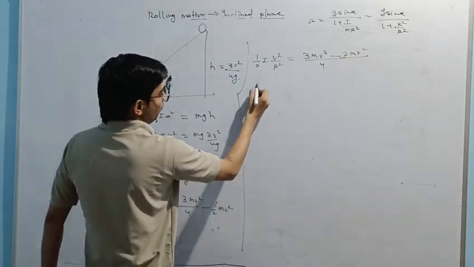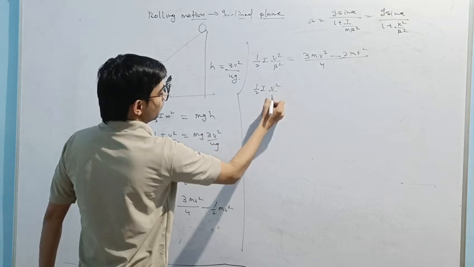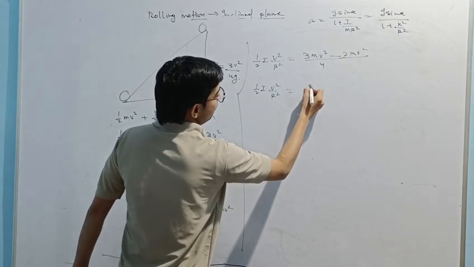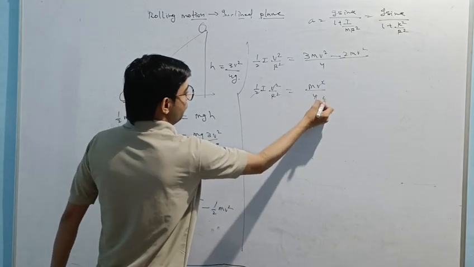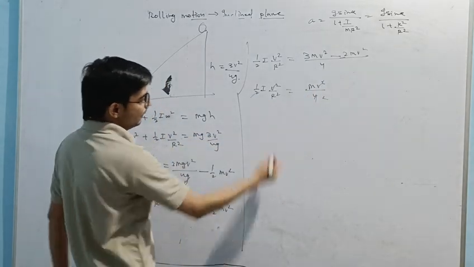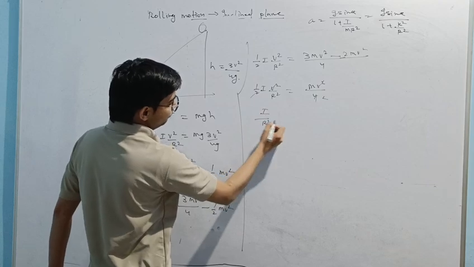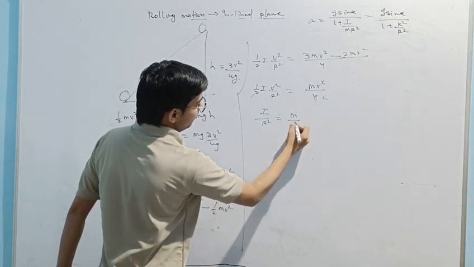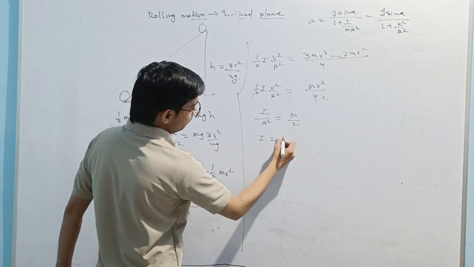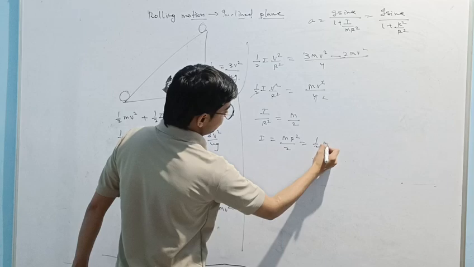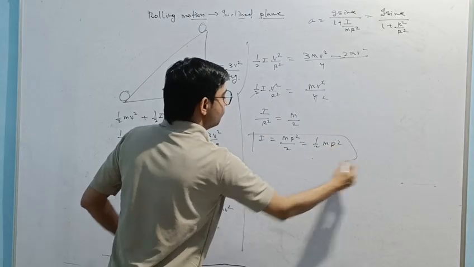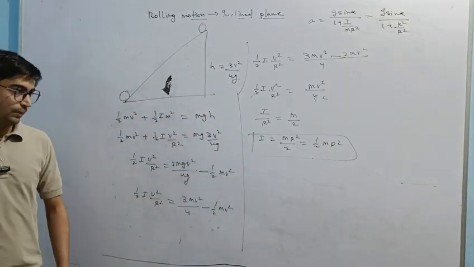So 1/2 I v square upon r square is only m v square upon 4. v square cancels out, 2 times 2 is 4. Clear? I upon r square equals m by 2. I is equal to m r square upon 2, that is 1 by 2 m r square. This is the moment of inertia about the center of mass.